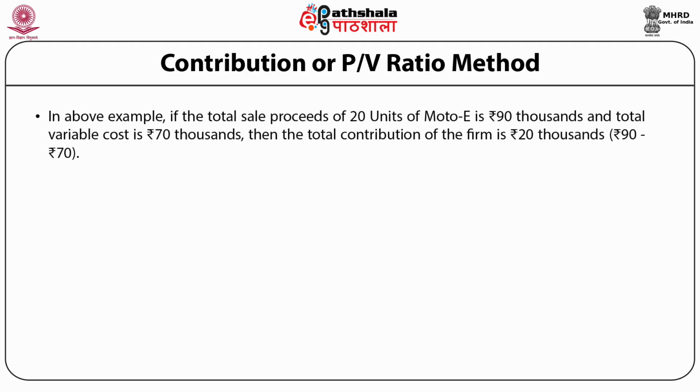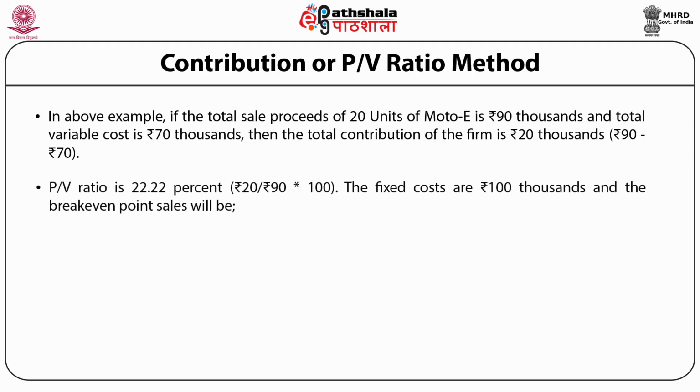In the above example, if the total sale proceeds of 20 units of mobile is 90,000 and total variable cost is 70,000, then the total contribution of the firm is 20,000, that is 90,000 minus 70,000. So in this case, the PV ratio of the company is 22%, that is 20 divided by 90 into 100.